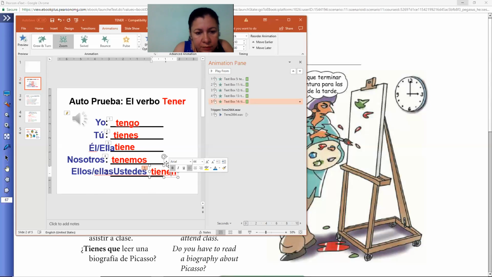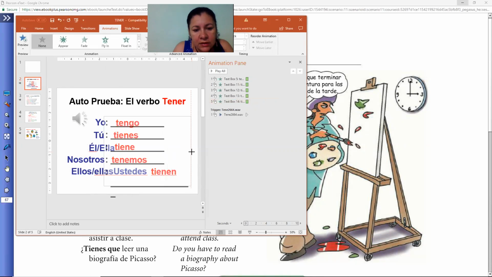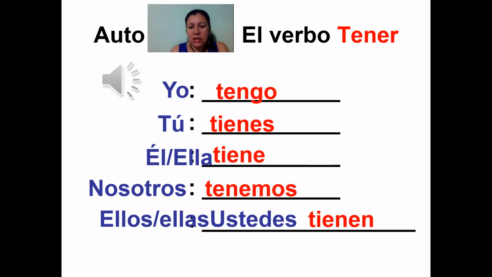I didn't get the picture, I have it now. Just a second, chicos. Bear with me. So let's show this again. Yo tengo, tú tienes, él, ella tiene, nosotros tenemos, ellos, ellas, ustedes tienen. Got it? Forgive me for the formatting there.